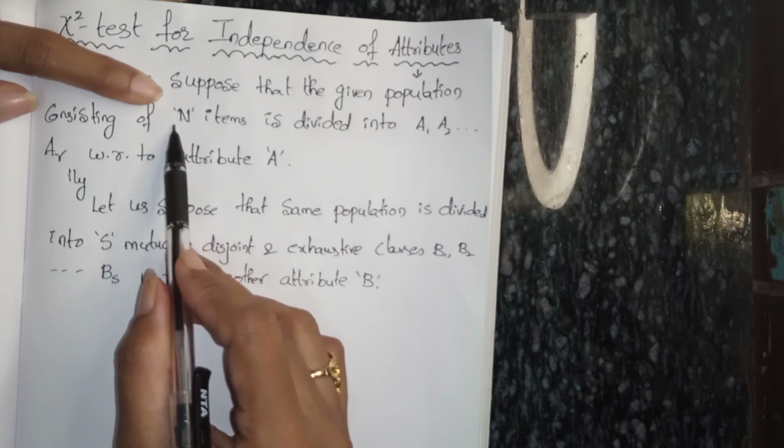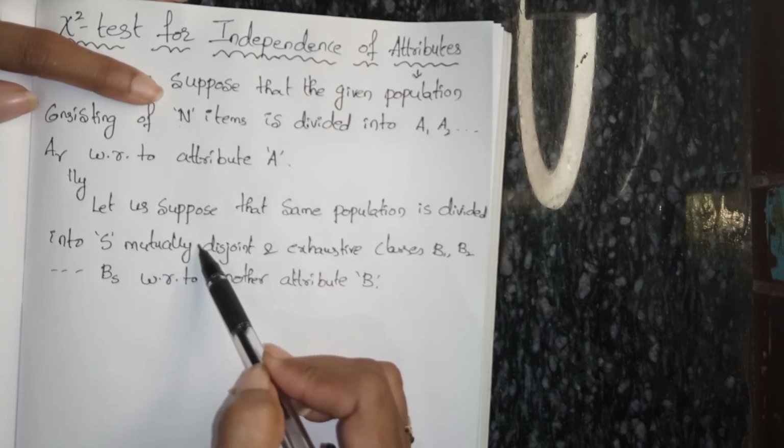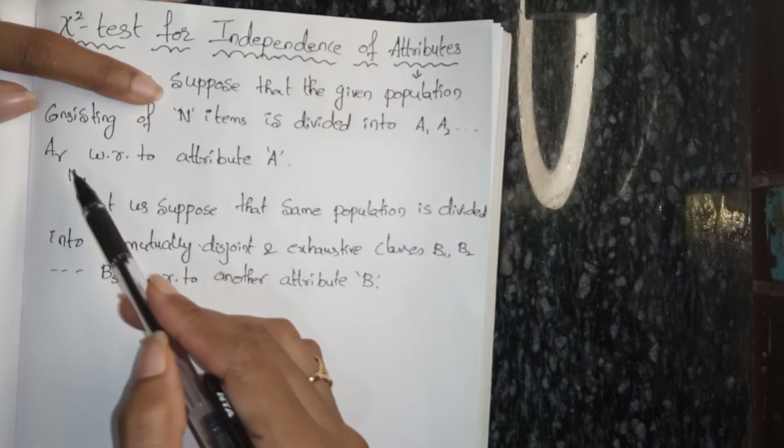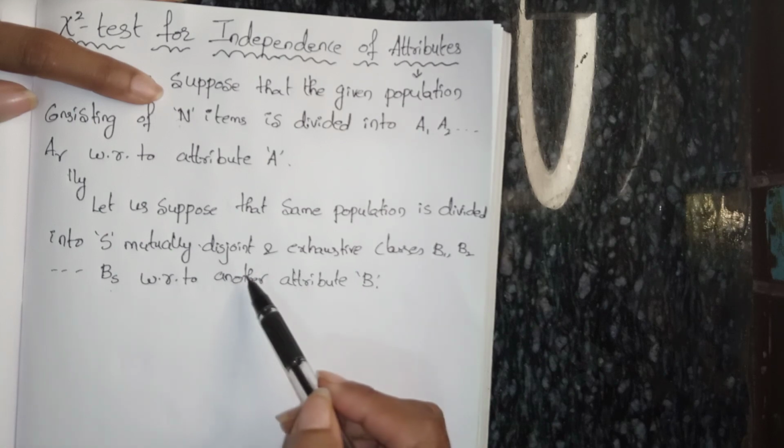The size of the population is N. This N is divided by two attributes. One is A1, A2, A3, and so on up to AR, and the other is B1, B2, B3, and so on up to BS.